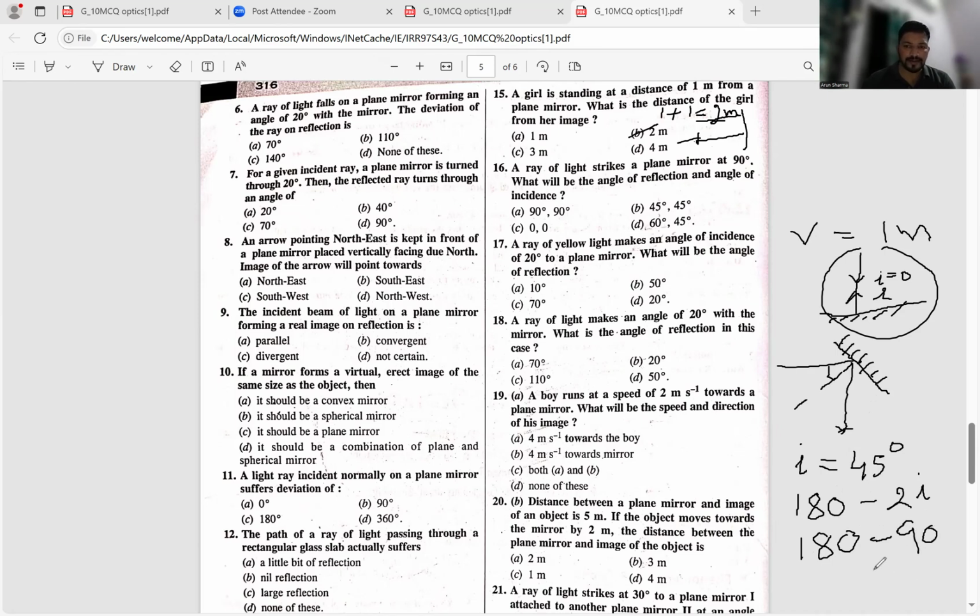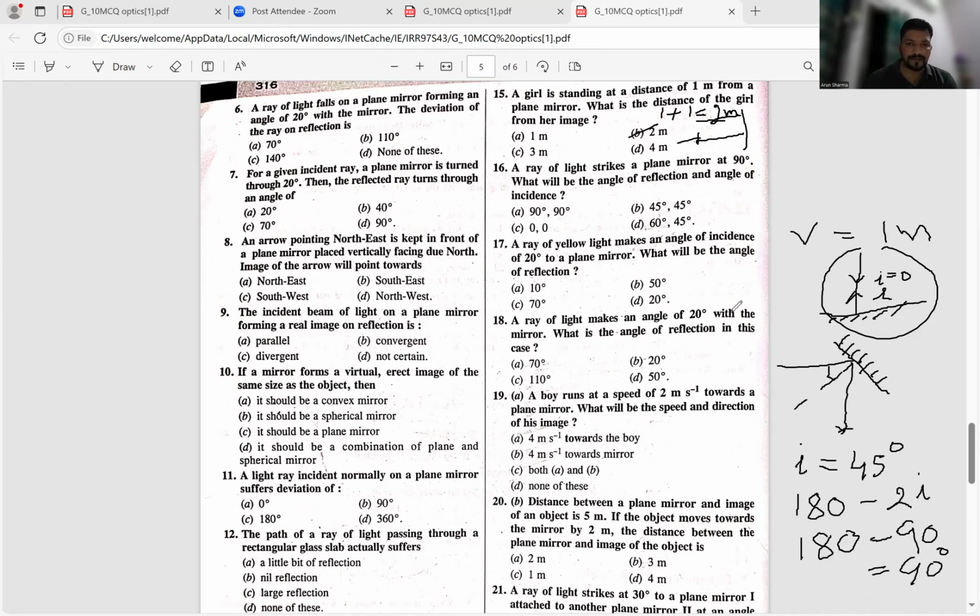So it is equal to 90 degrees. So what is the exact answer? The exact answer is, you can see the ray diagram and after that you will find the proper answer.